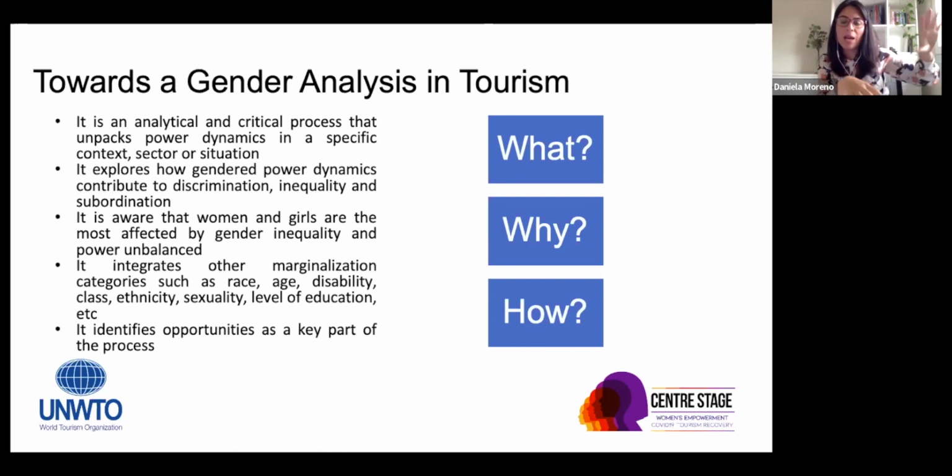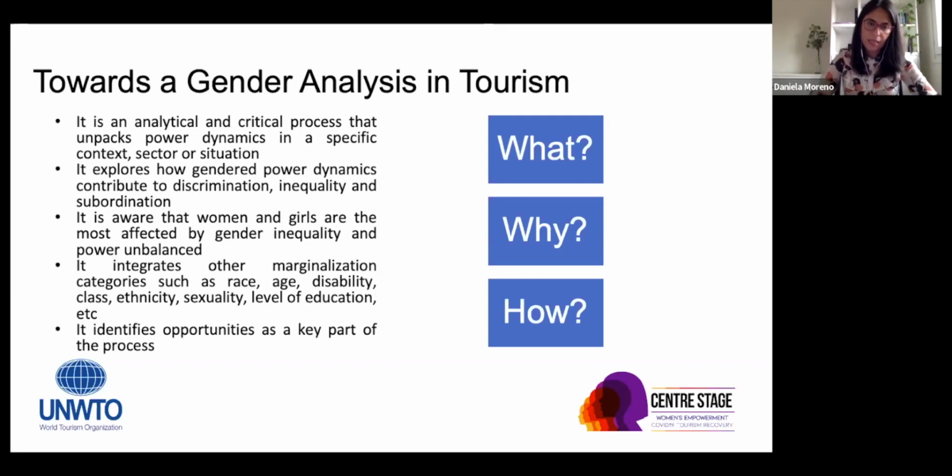Because with the why, maybe you are going to be able to identify stakeholders, key experts, key tools that are promoting that opportunity, right? And how: this is the mechanism, how they are, for example, communicating that opportunity, how it can be taken advantage of and included in tourist development for a meaningful impact for gender equality, right? So this is a gender analysis in tourism.